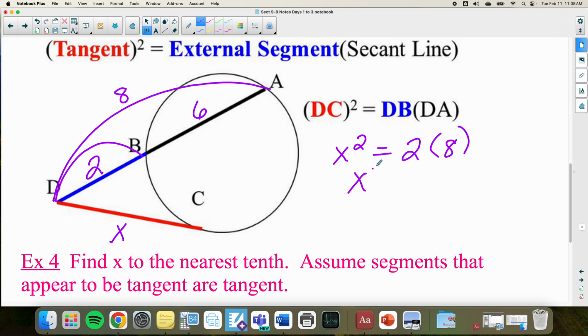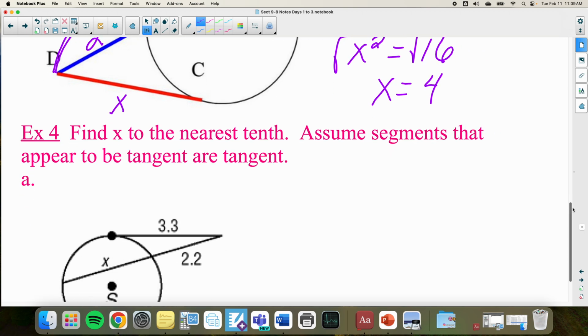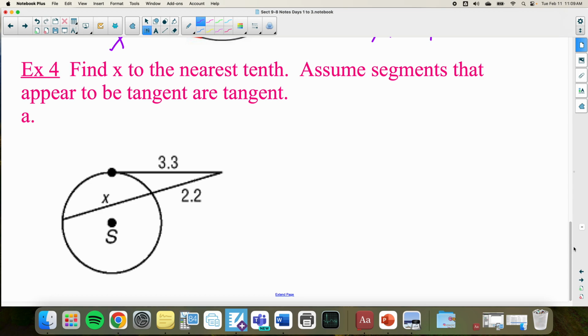And so x squared would equal 2 times 8, which is 16. And then we would just take the square root, and the square root would be 4, okay? They're not always going to turn out like that where it's a whole number, but that is the gist of what we'll be doing.